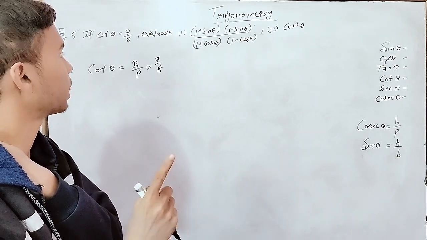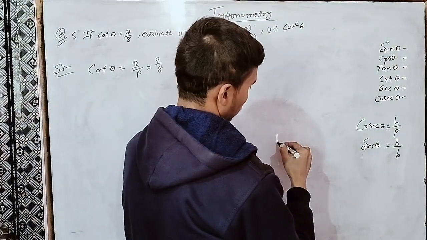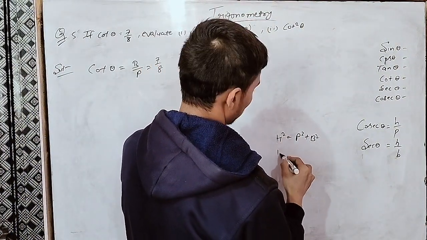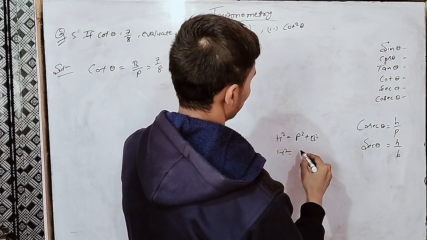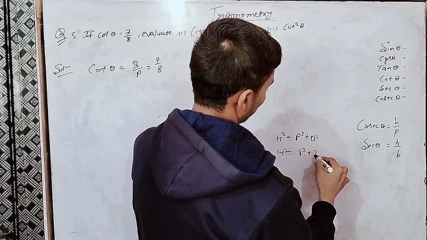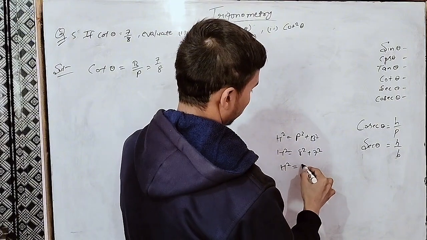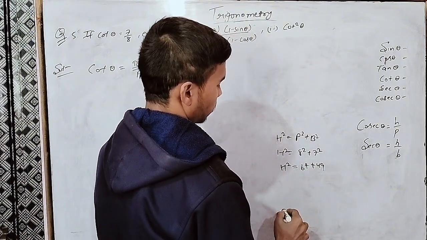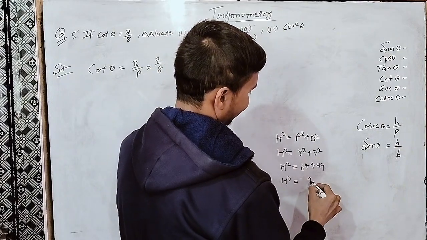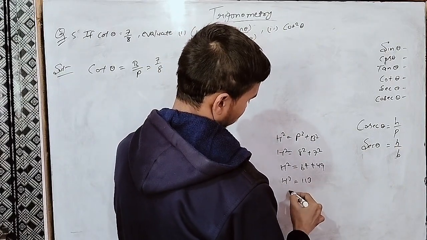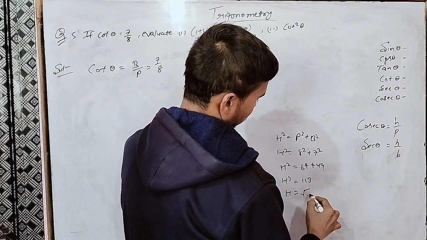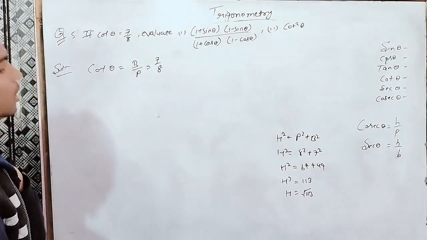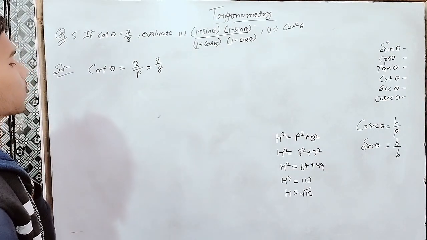We don't have the value of hypotenuse, H, we don't know. 8 8 is 64, 7 7 is 49, then the sum is 113, under root of 113.